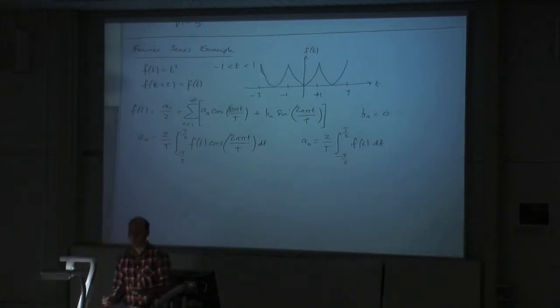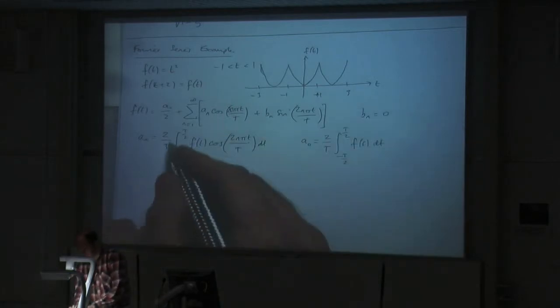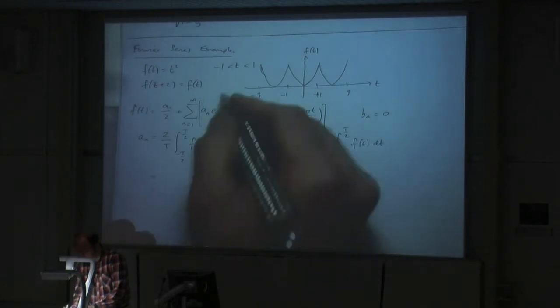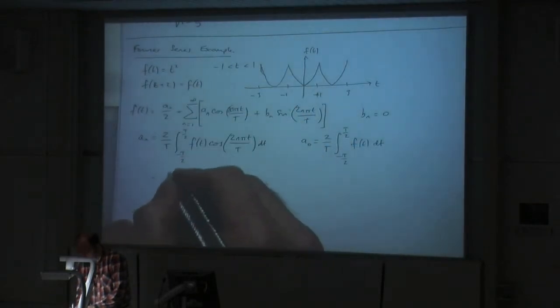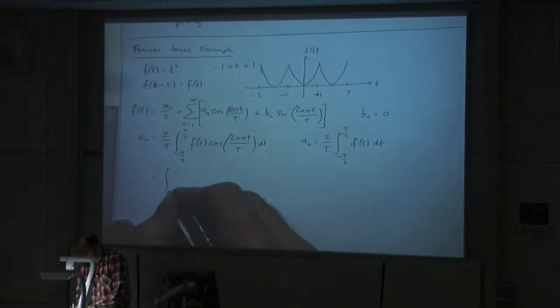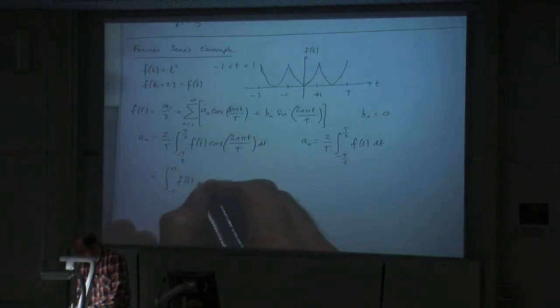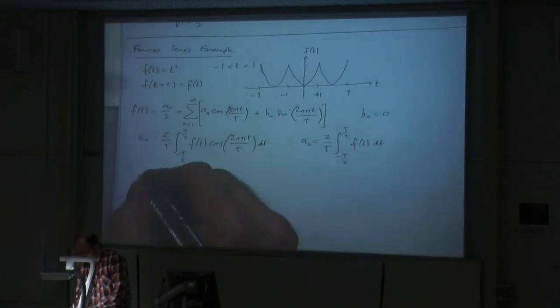We know that the period here is 2, so we've got the integral from minus 1 to plus 1 of f of t dt. This is a naught.